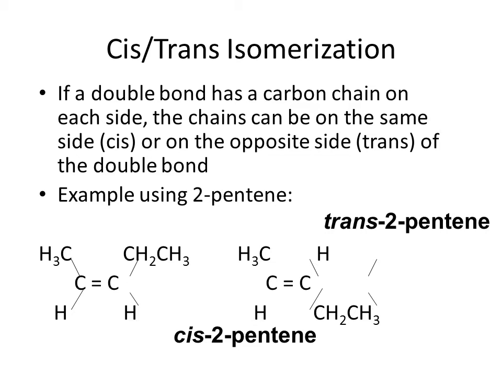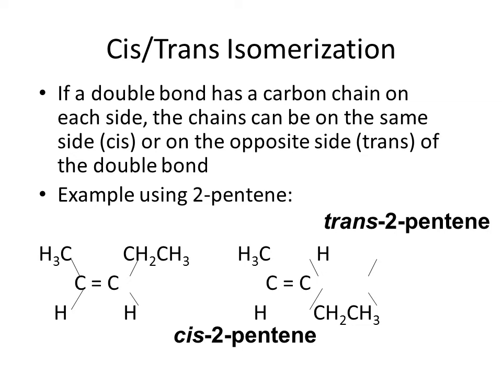The methyl and the ethyl are on the same side of the double bond. If you look at the compound on the right, you can see that they are opposite or across the double bond. As a result, the compound with the two groups on the same side is given the identification as being cis, and the one on the right, which has the groups across the double bond from each other, is given the term trans.